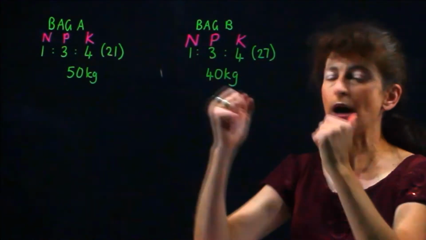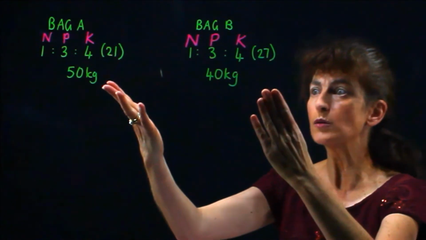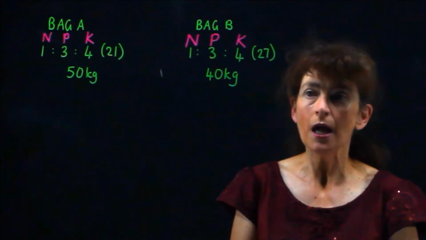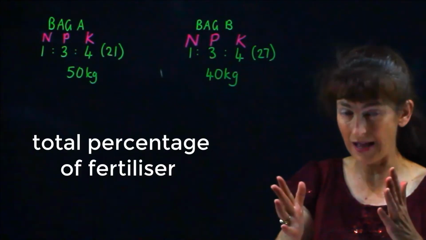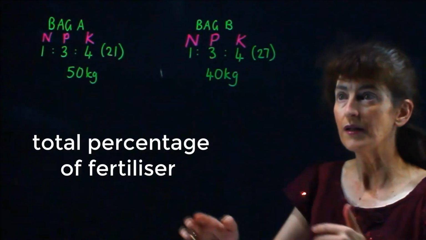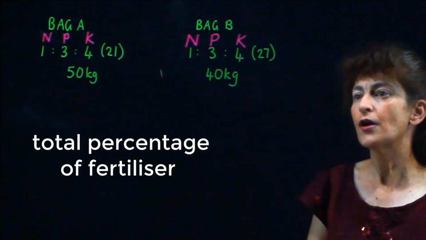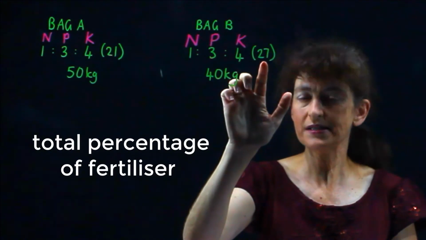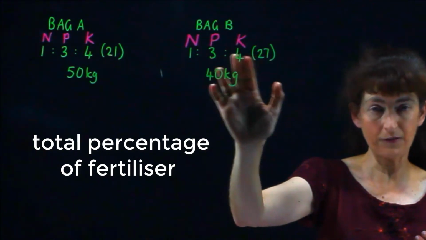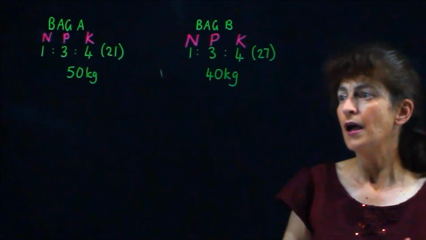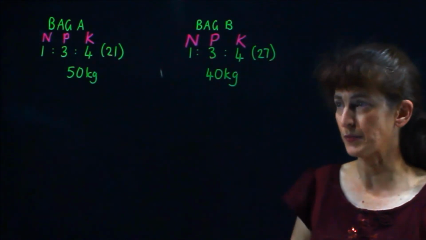Then we have these bracketed numbers, and the first question asks us about what they mean. Now these numbers tell us the percent by mass of the whole that is NPK. So over here we have 27% of the 40 kilograms is the fertilizer. So the rest is other stuff. And here it's 21%.